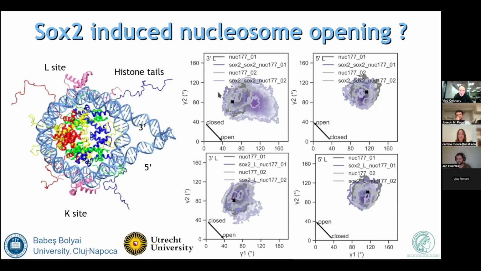But using our angle representations with these histograms, you again see the sampling of an open nucleosome started from a completely closed nucleosome bound by SOX2 in both binding sites. Now, you may wonder how real is that, and I'm happy to answer that later.